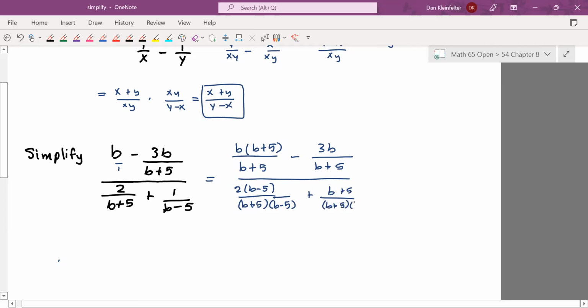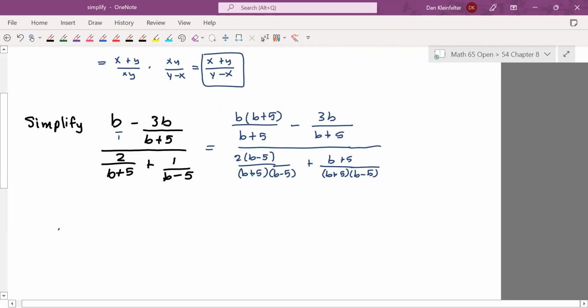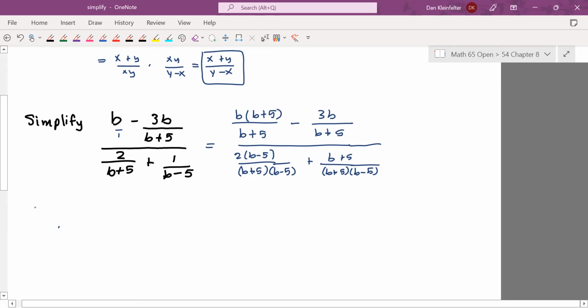This is one of these situations in math where it looks like we're making it worse, right? Our whole goal was to simplify this thing, and it looks like we're making it more complicated. And it's true, we are making it more complicated, but it will get better. Okay, so now in the numerator, we have a common denominator of b plus 5, so we can add.